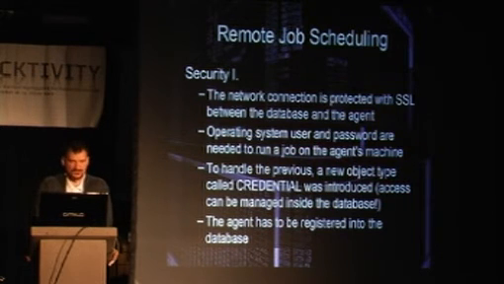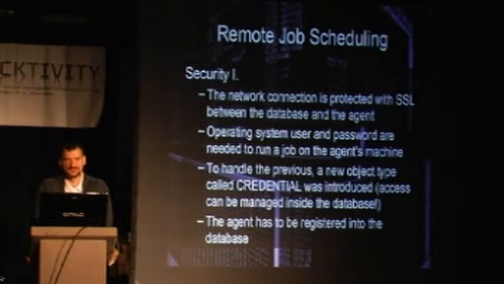What is the security of this solution? It's not a bad design, actually. The network connection to which job requests come in is encrypted using SSL. In order to run a job, you will need a username and password on the computer where the agent is running. In order to handle this in the database, they have created a credential object to which access rights can be attached.